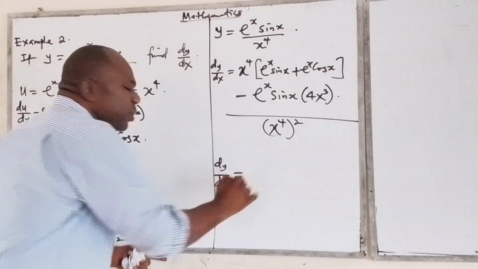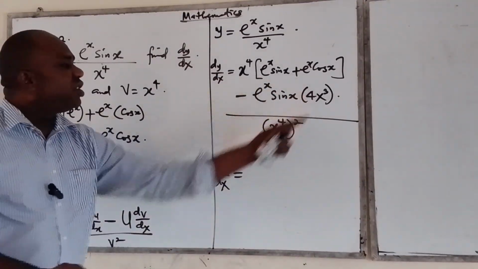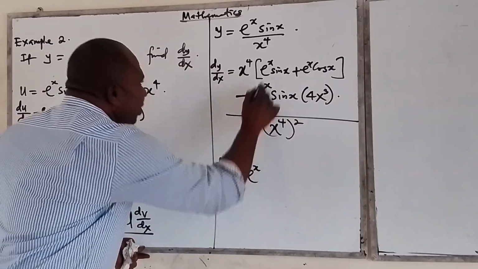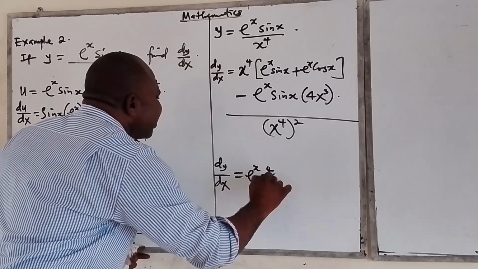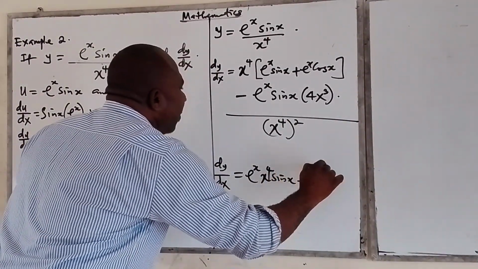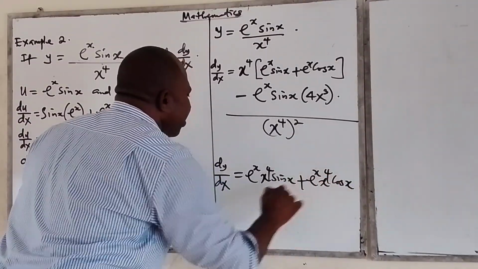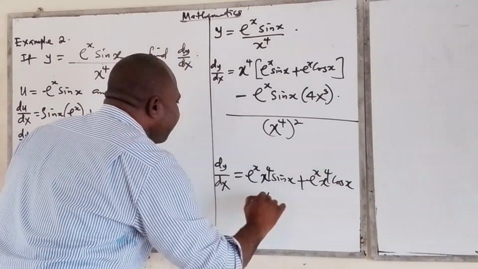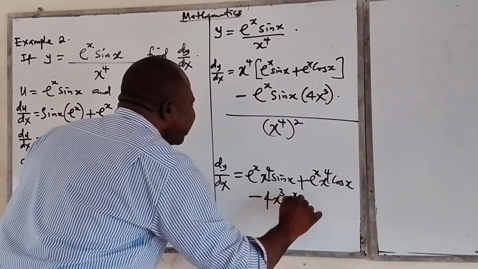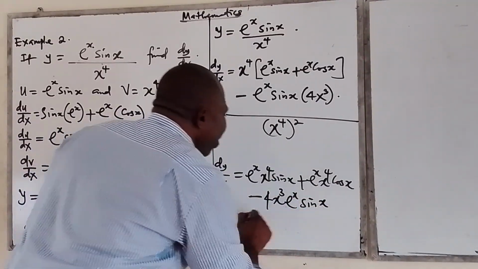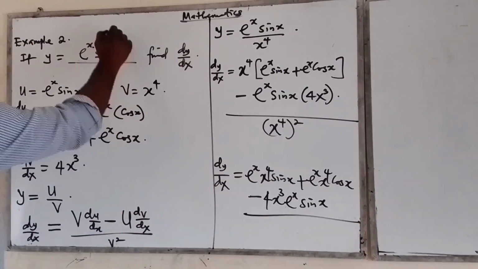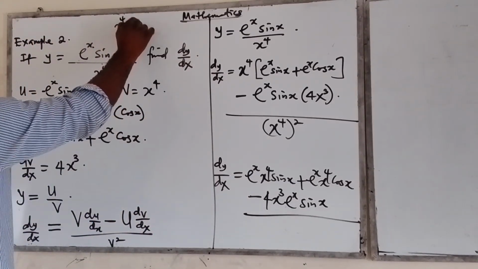So dy over dx now will be equal to e power x, then x power 4 sine x plus x raised to the power of 4 cos x, minus 4x raised to the power of 3, then e power x sine x, all over x raised to the power of 4 all power 2, which is x raised to the power of 4 times another x raised to the power of 4.